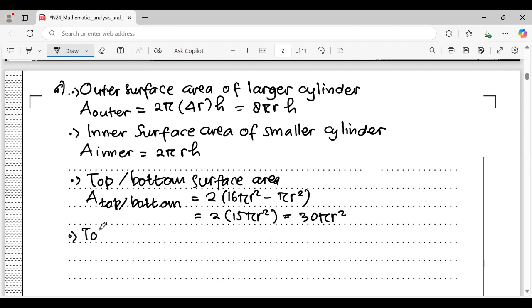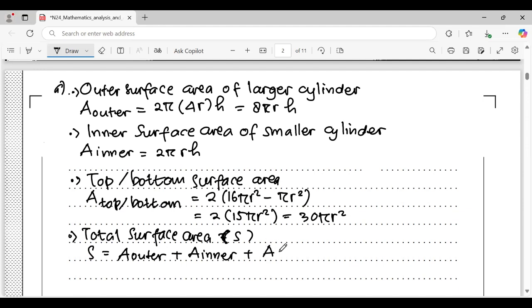And then the total surface area. S equals area outer plus inner surface area of the smaller cylinder, A inner, plus top and bottom.